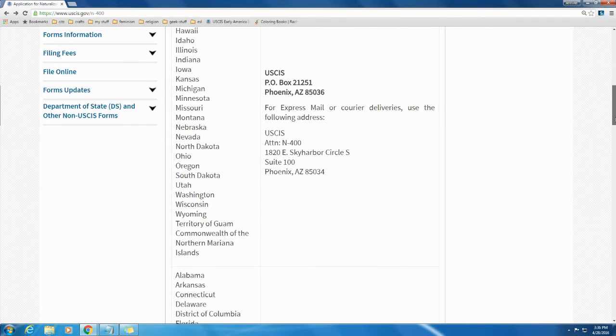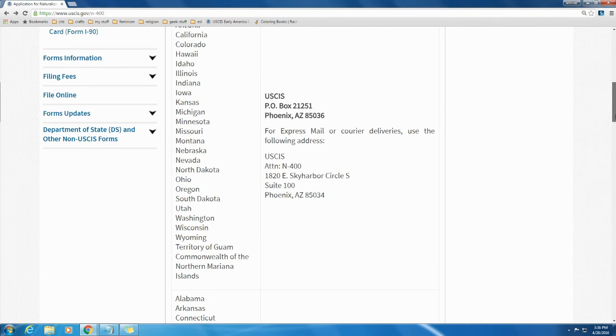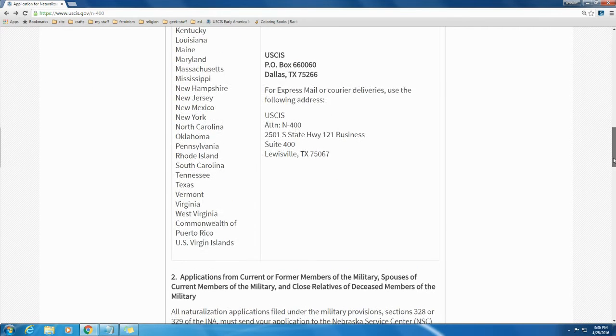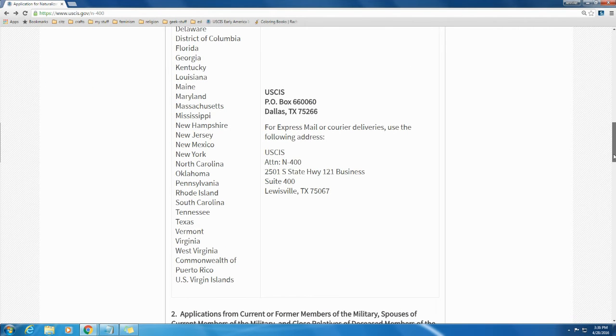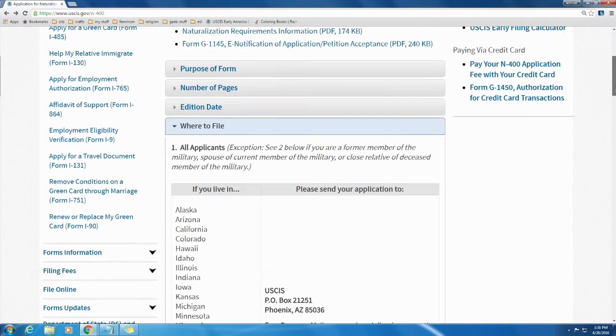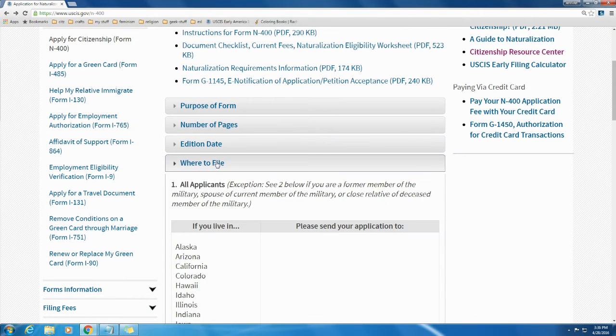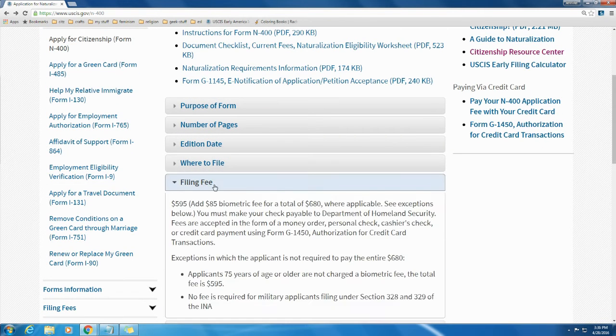So if you're in California, you would be sending it to Arizona. The eastern states would be sending it to Texas. Let us continue. They talk about the filing fee. How much? It's $595 plus $85 for the biometrics, so the total is $680.